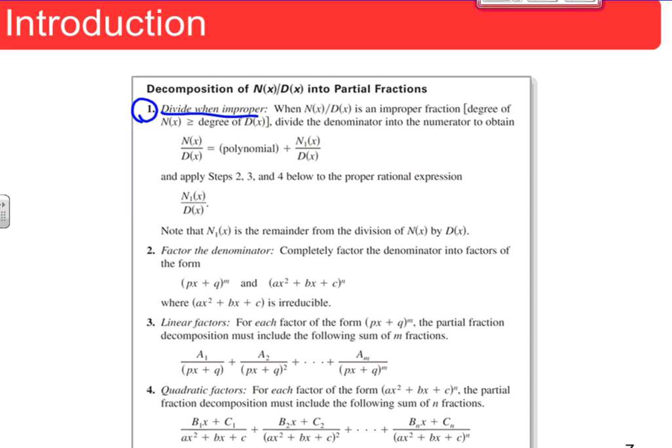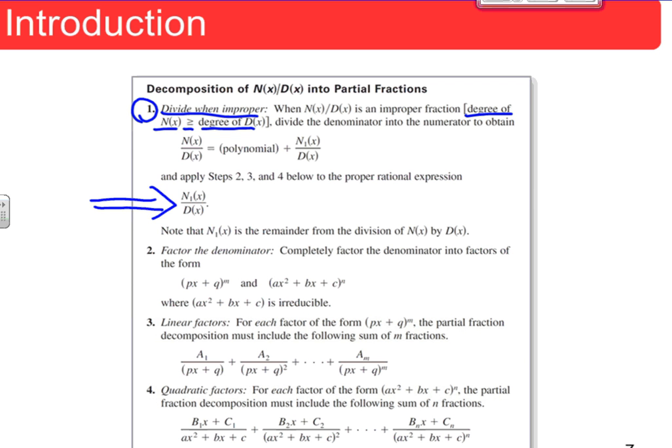So when the degree of the top is greater than or equal to the degree of the bottom, you do that first step of dividing, and then you get this fraction of N sub 1 of x over D of x.